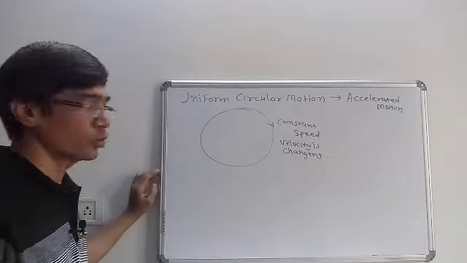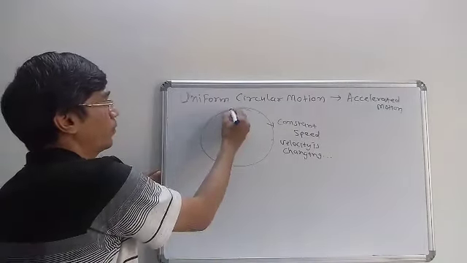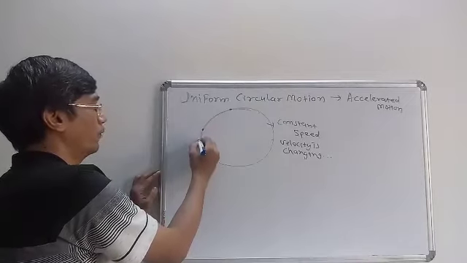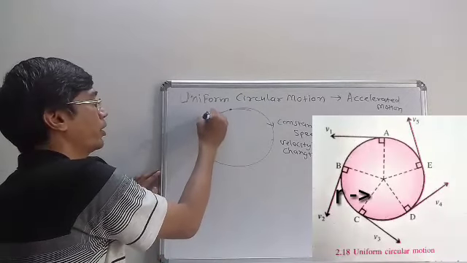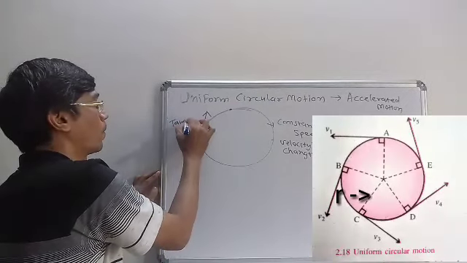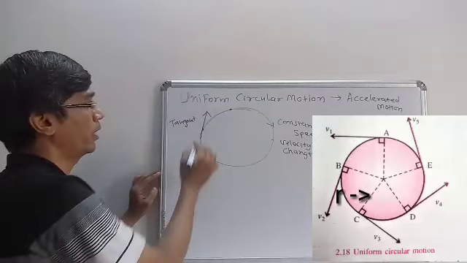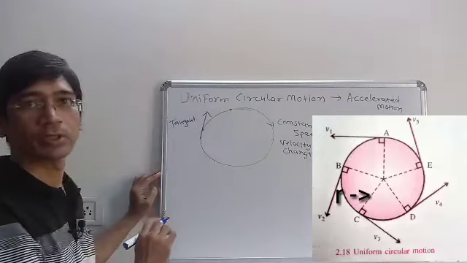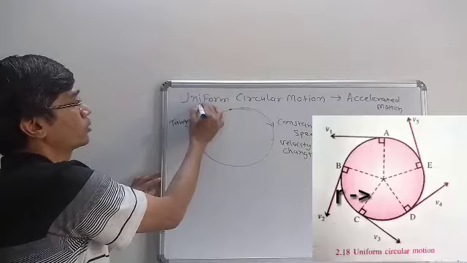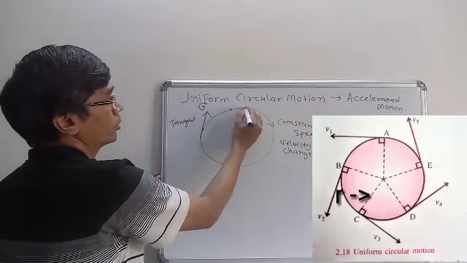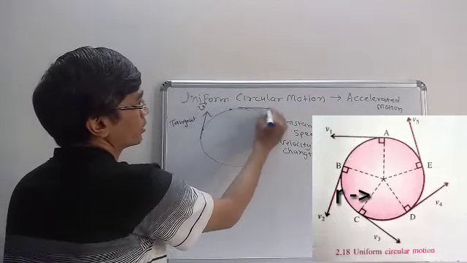In this uniform circular motion, if you take any point and draw the tangent at the point, then the direction of the tangent shows the direction of the velocity. Here also the direction of the velocity is in the direction of the tangent.